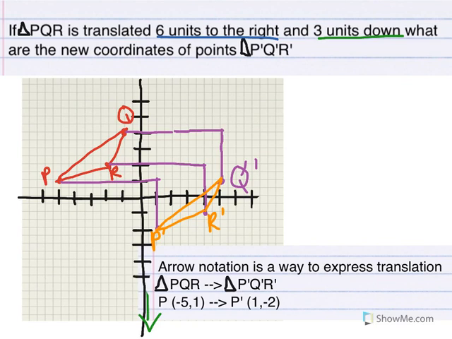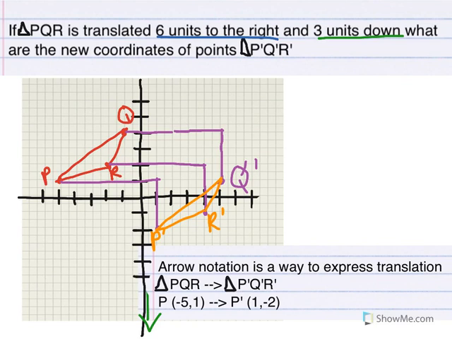And also point P was translated to point P prime. Just keep in mind that when a point is moved to the right, we're adding to it. When it's moved to the left, we're taking away. Same thing, moving up, we're adding. Moving down, we're subtracting. That pretty much covers translation.